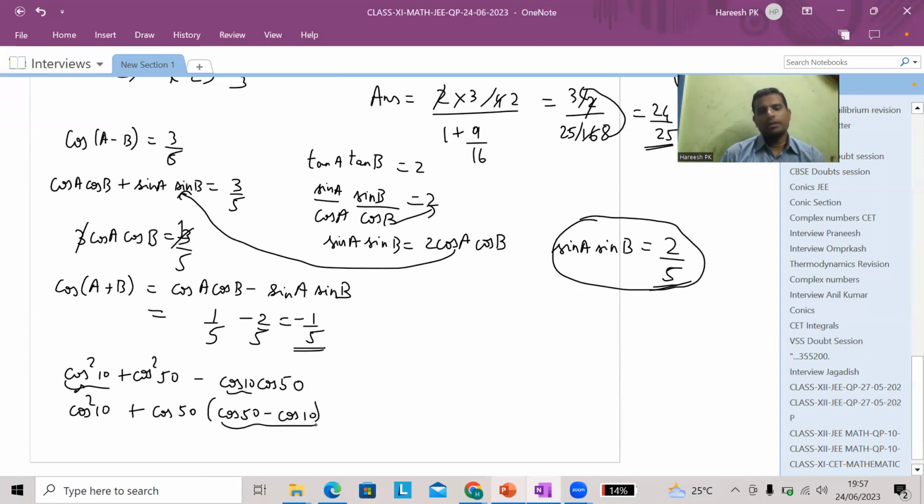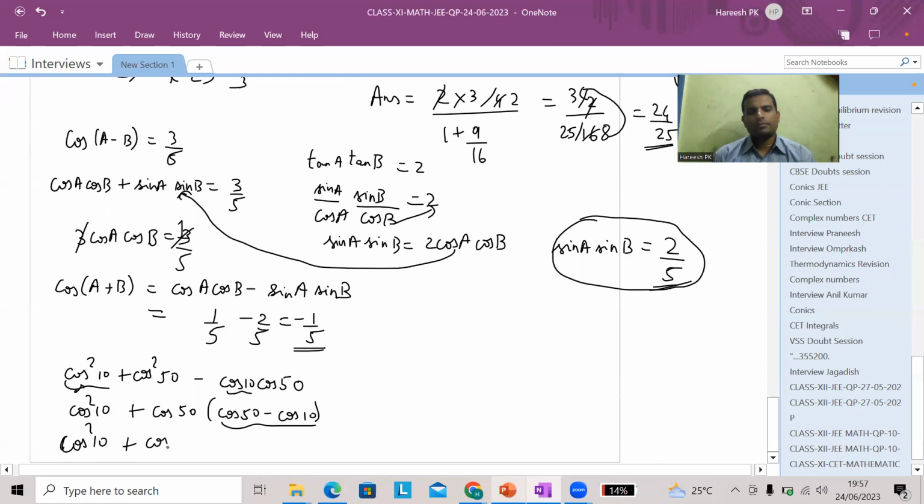Now use the formula here. So when you use the formula, you will get cos 50, and the formula when you use here, minus 2 sine (a plus b) by 2.